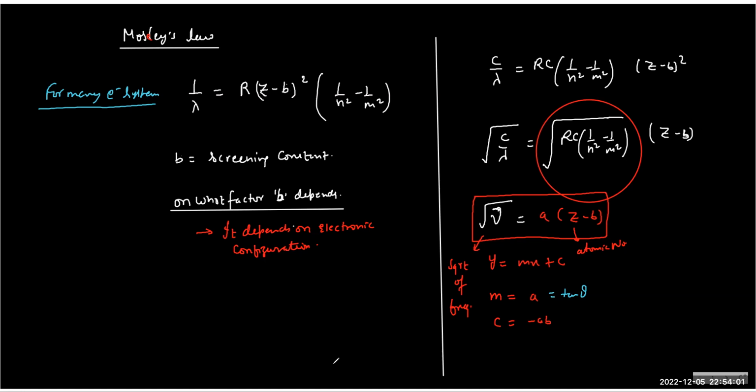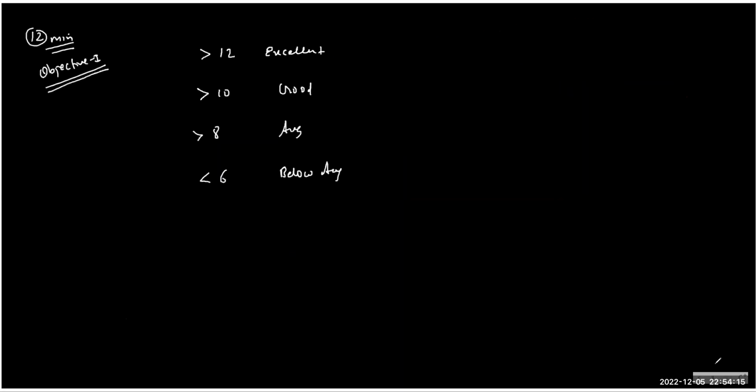Now, again, don't see the answer. Objective 2, we have 8 questions. The time I'm giving you, 10 minutes. Start. From the JEE-Mains point of view, these questions are more important.